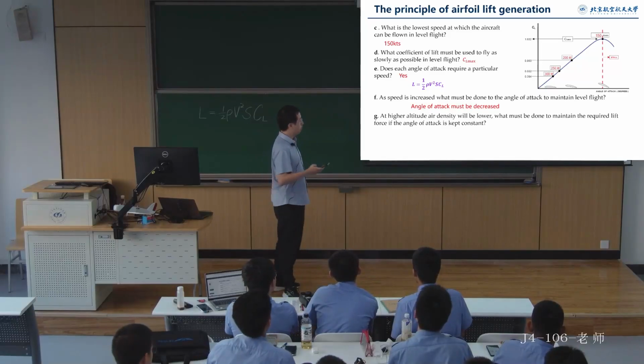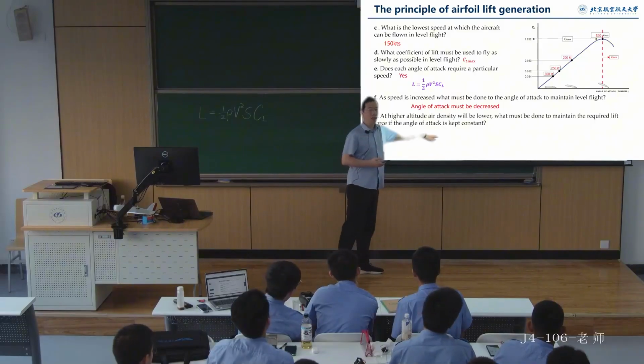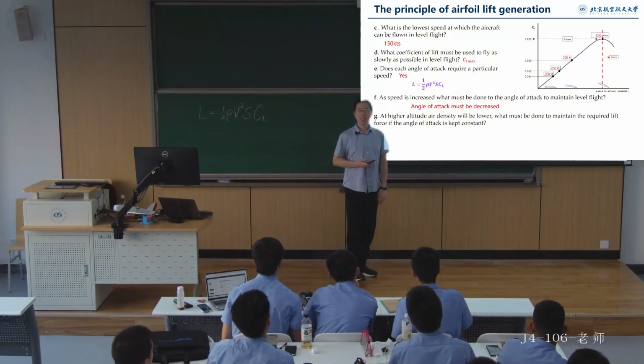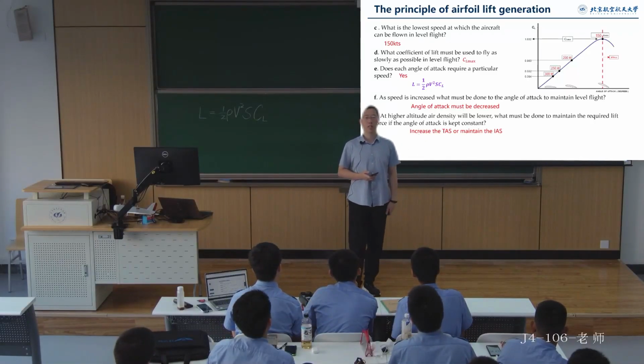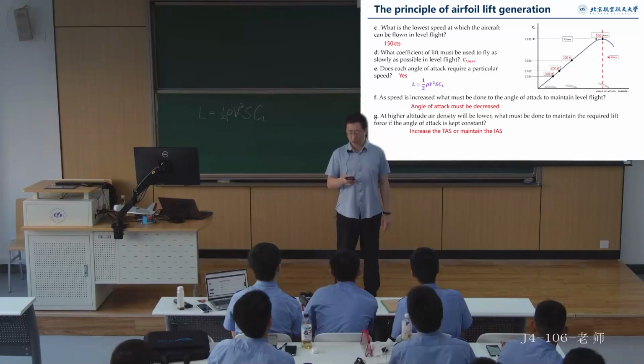We should increase the speed, right? The speed that increases is true airspeed, right? Okay, when the true airspeed increases, what should the corresponding indicated airspeed be like at this time?